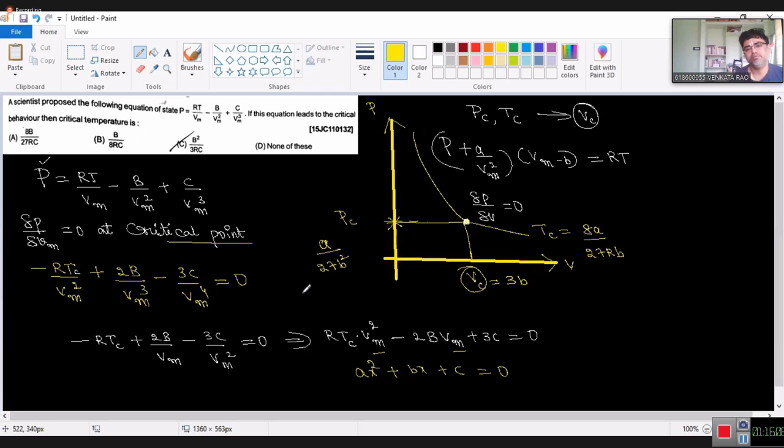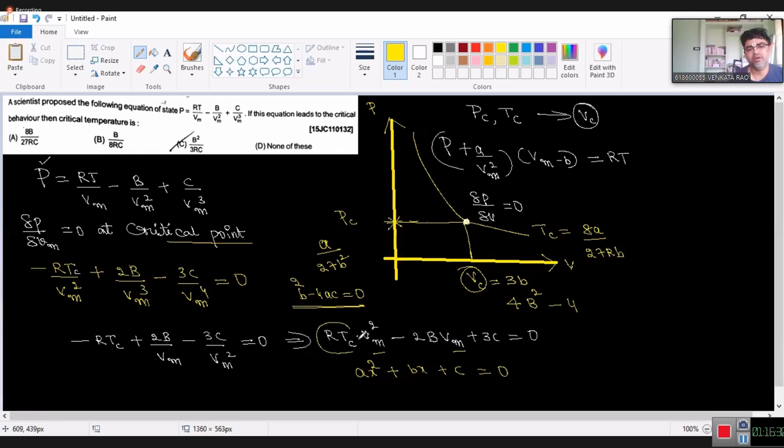Determinant should be 0: B square minus 4AC is equal to 0. What is B square? 4b square, correct? Here B is minus 2b. 4b square minus 4AC.